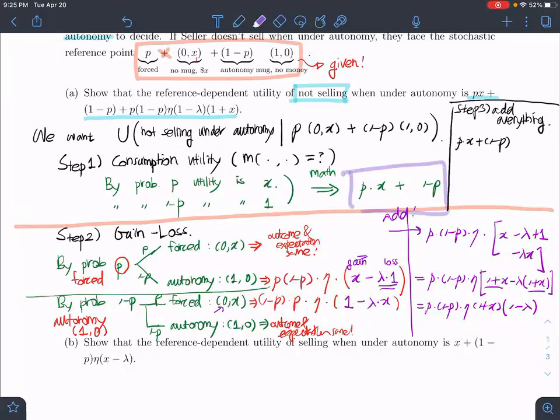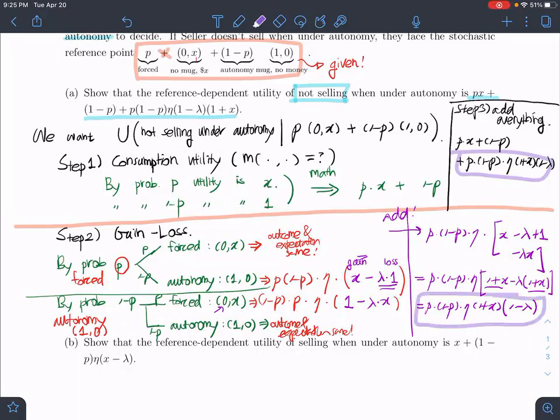Yeah, so I was reading this part of step 1, the consumption utility. Plus p times 1 minus p times eta times 1 plus x, 1 minus lambda is our answer. The second part comes from our step 2.